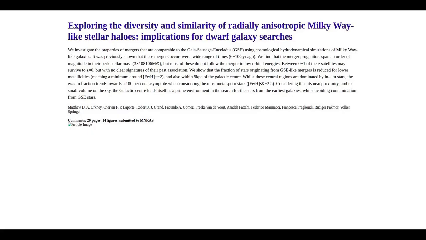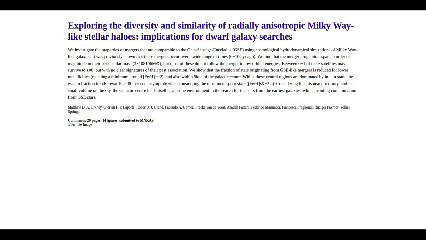Next article. Exploring the diversity and similarity of radially anisotropic Milky Way-like stellar halos: implications for dwarf galaxy searches. We investigate the properties of mergers that are comparable to the Gaia-Sausage-Enceladus using cosmological hydrodynamical simulations of Milky Way-like galaxies.